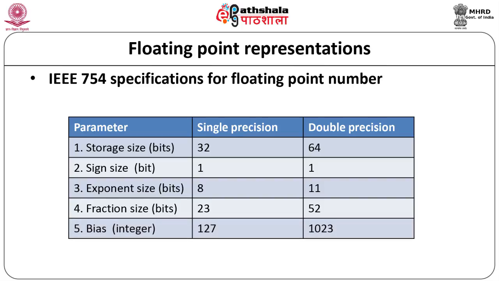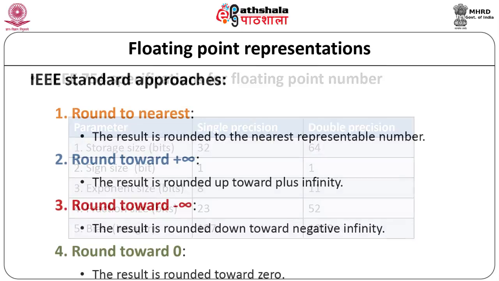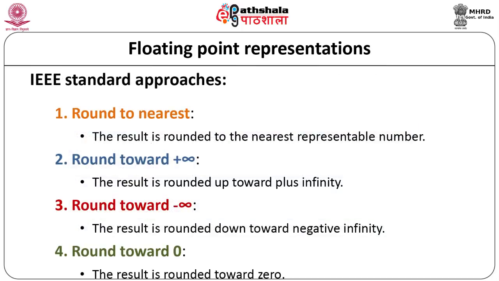The exponent is stored in a bias representation, that is excess representation, to permit both positive and negative exponents. The floating point arithmetic IEEE standard uses the following approaches: round to nearest, round towards plus infinity, round towards minus infinity and round towards 0.